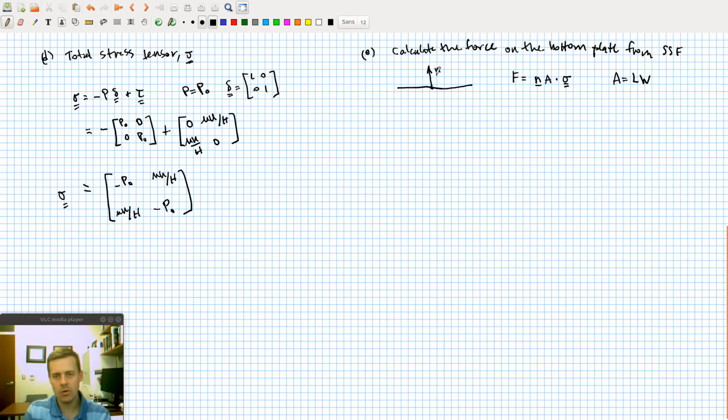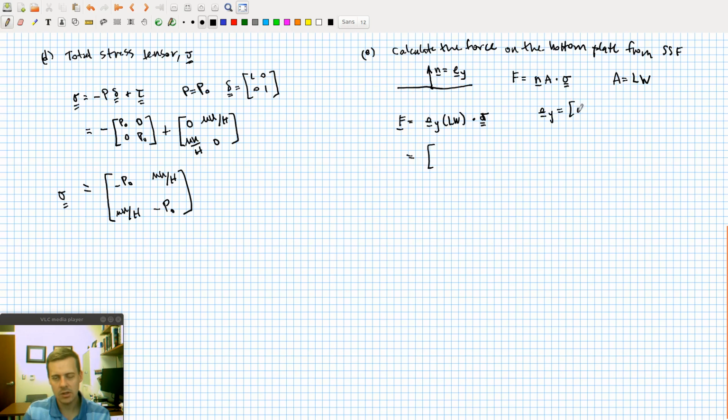So the outward normal is going to be what? I said this is going to be positive EY. So I'm looking up there, that's my EY. So I simply just plug them in. Say the force is EY times LW dotted with sigma. All right, so EY, we remember what EY is.